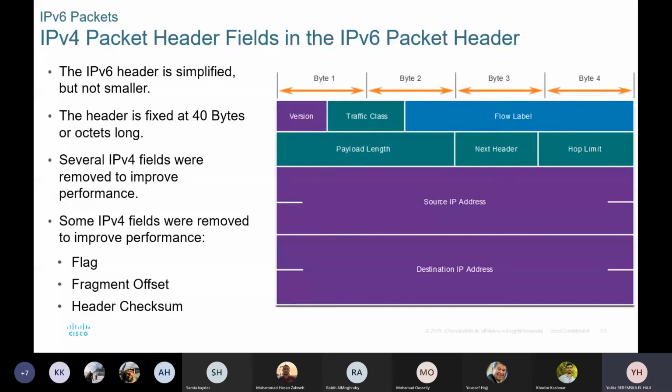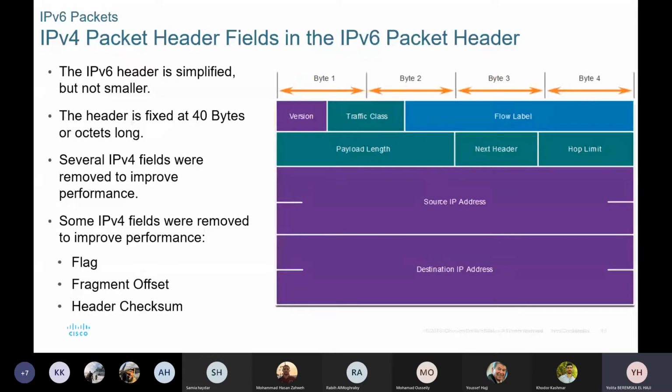This is the header of an IP version 6 packet. And as you see here, even though we have IP addresses that are 4 times greater in bits, the header is simplified. We have only a few fields. Some of them are the same as in the IP version 4 header, and some of them are new.